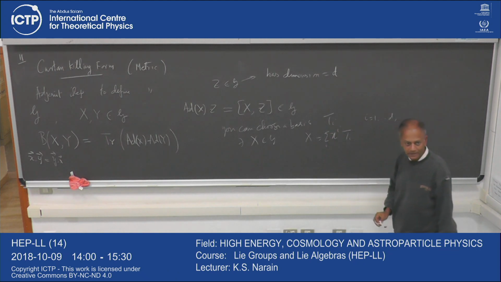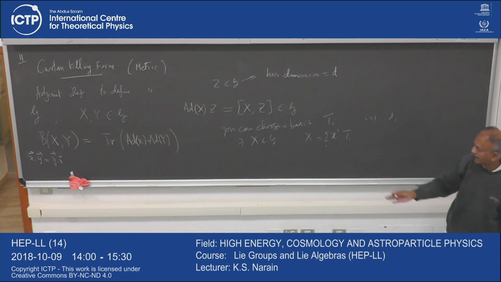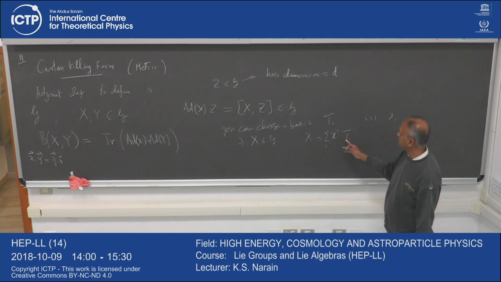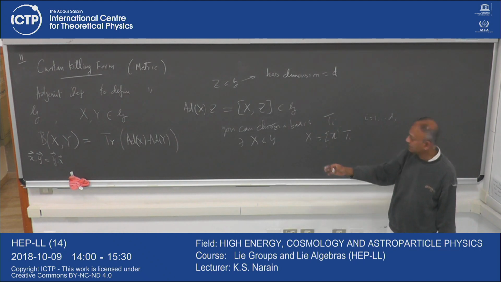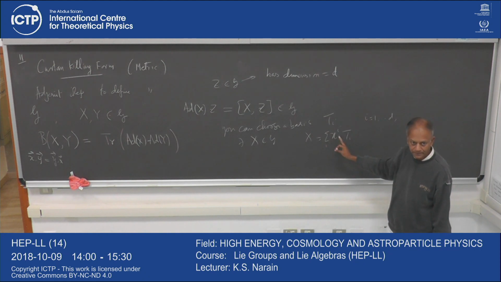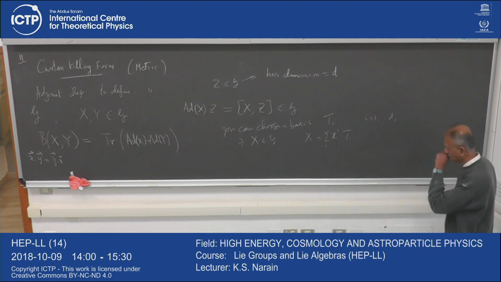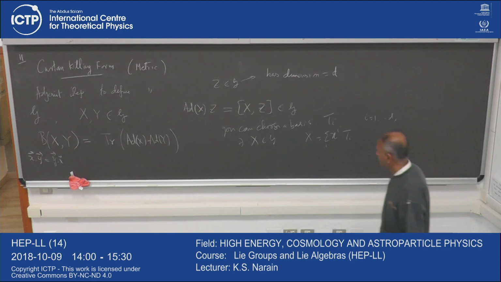That's what a basis means: you can expand any vector as a linear combination of the basis with some coefficients x^i being numbers. Since we are discussing complex Lie algebras, these numbers can be complex.